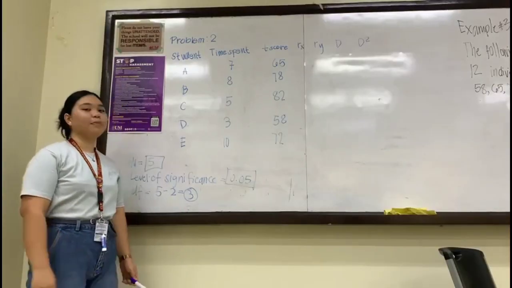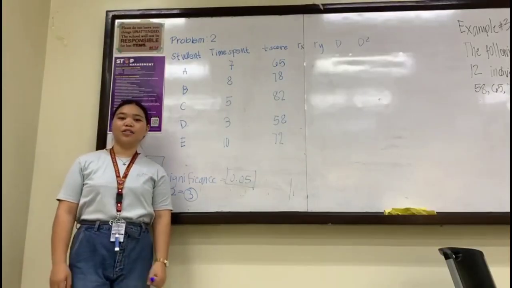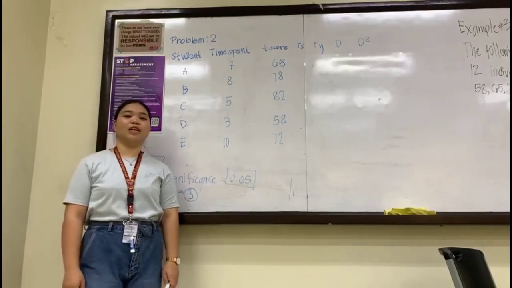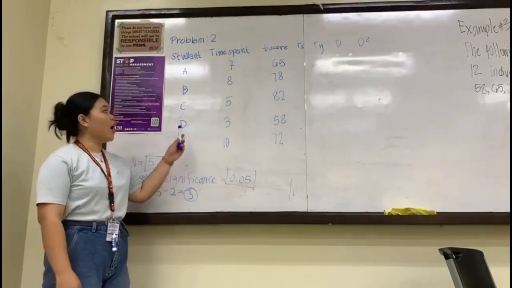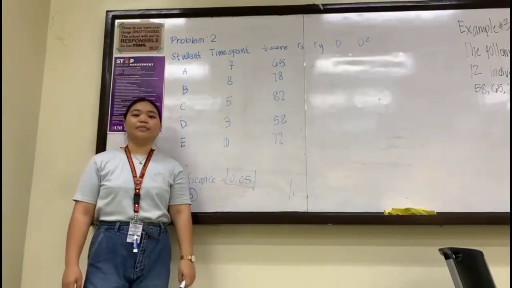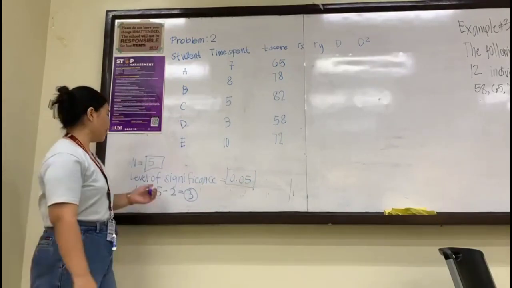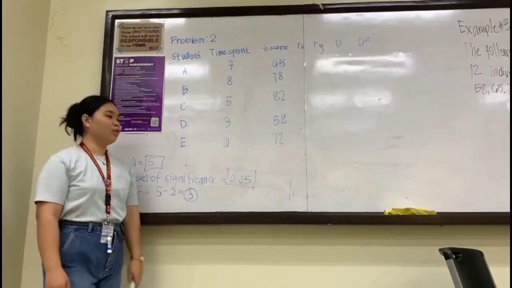So our next problem is, a researcher wants to investigate the relationship between the time spent studying in hours and the test score out of 100, among 5 students with 0.05 significance level. So let's find our n.